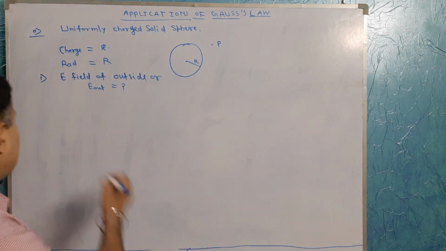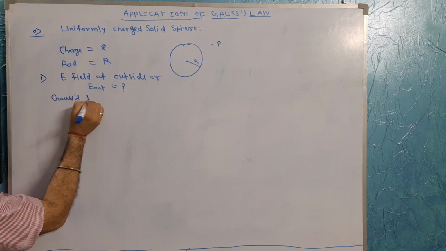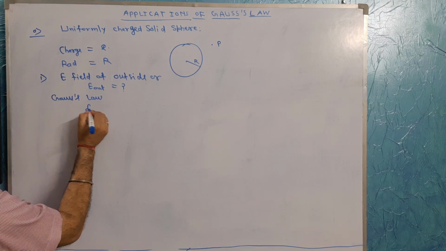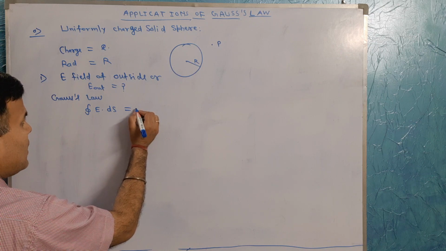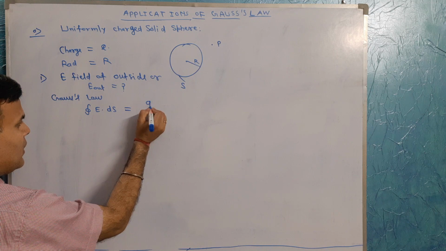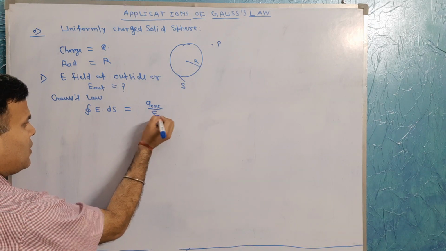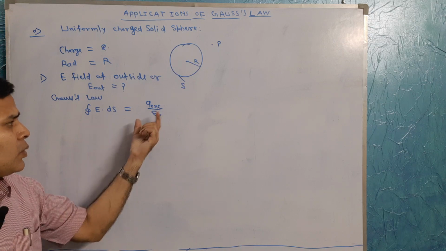So we know the Gauss law. What is Gauss law? It is simply the integral of E dot ds over a surface S, which equals the charge enclosed in that surface divided by free space permittivity. So what is our job?